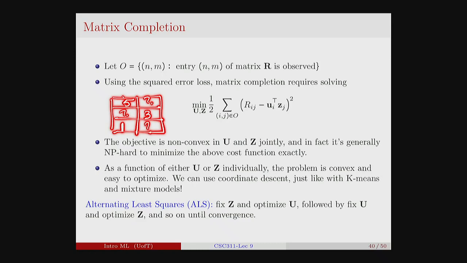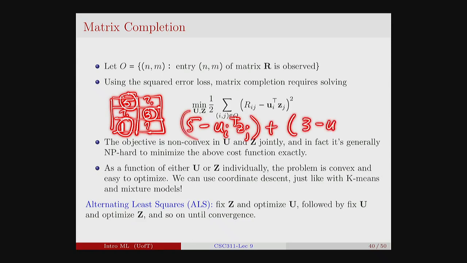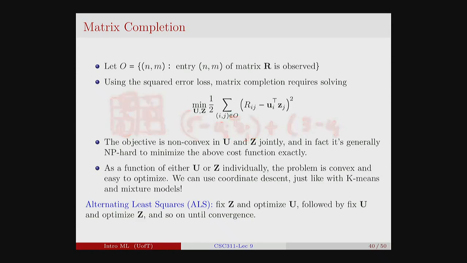Then the summation over i, j in O is going to sum over the differences: 5 minus u_i transpose z_j, plus 3 minus u_i transpose z_j, with the i and j corresponding to the correct row and column entries.